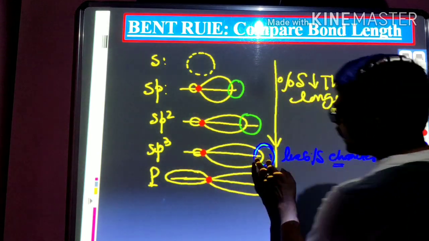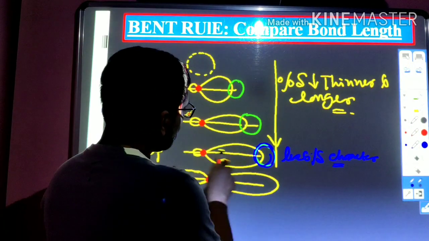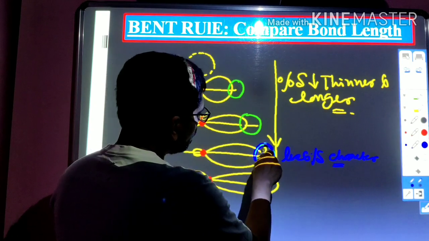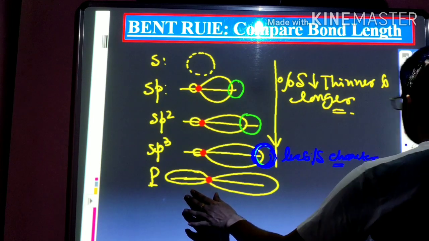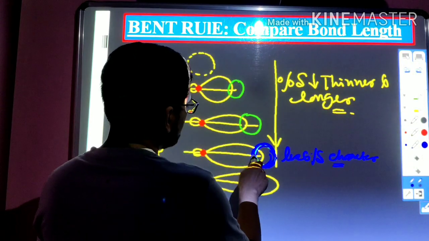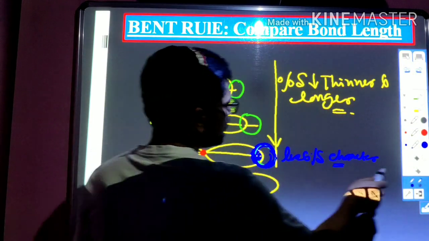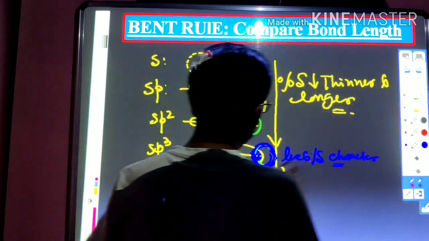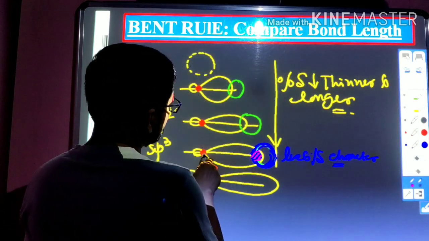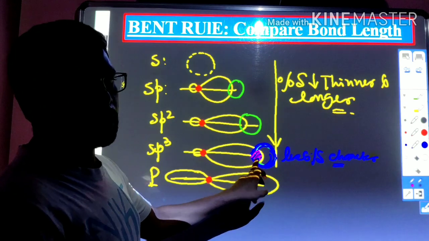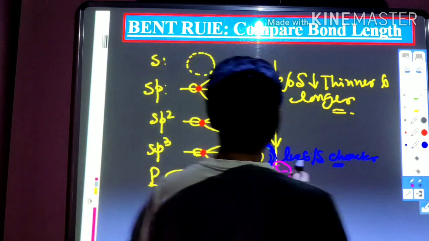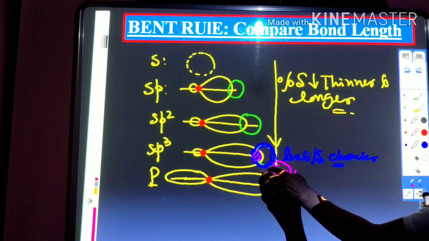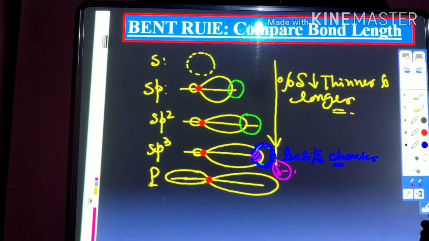Why? Because if fluorine forms bonds with this hybridized orbital, this is the electron cloud, this is the shared pair of electrons. The distance from this nucleus will increase, and fluorine will be happy with delta minus, because it will get maximum delta minus in this hybridized orbital.